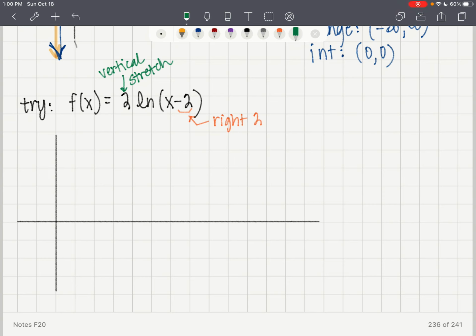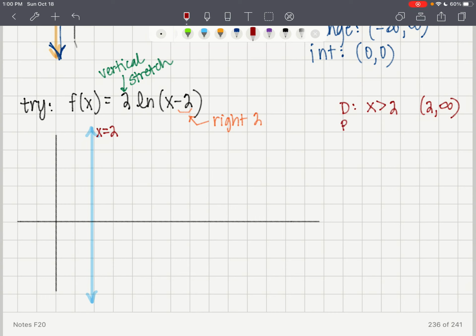So going right 2 is going to move our vertical asymptote over to x equals positive 2, because x minus 2 equals 0. X equals 2 will be our vertical asymptote. And then our domain is going to be x is greater than 2, which in interval notation is 2 to infinity. Our range will always be negative infinity to positive infinity.